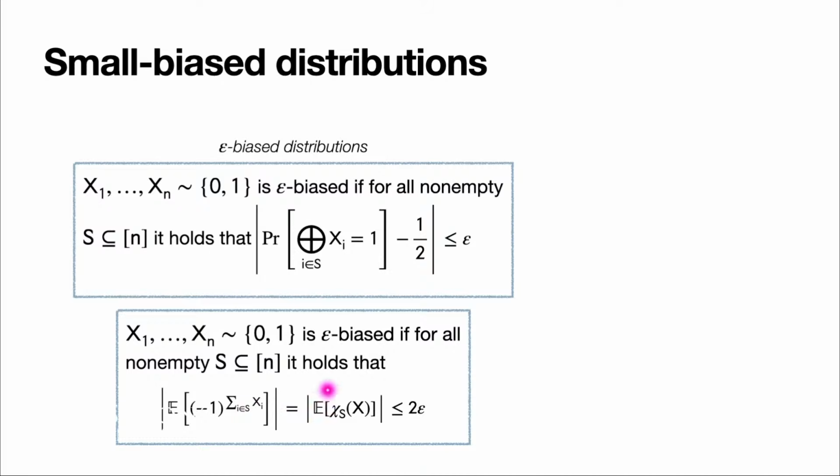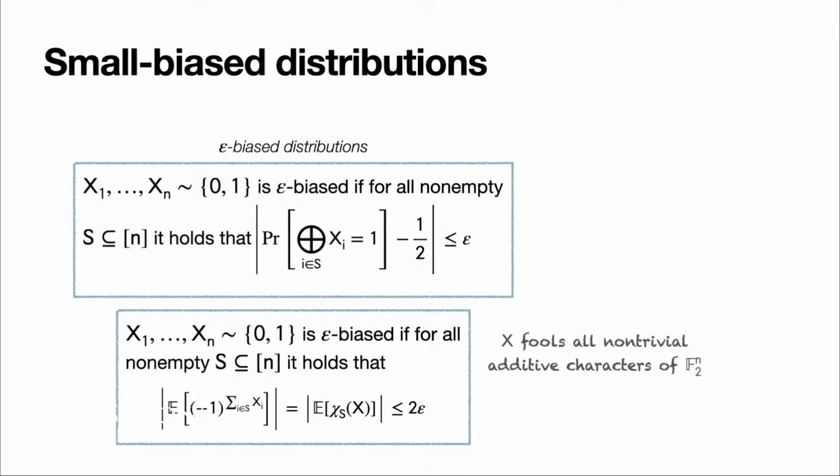You see, it's roughly the same, up to a factor of 2. Now, what is this function, (-1) to the sum of xi, i in S? This is what we call chi-S, the additive character of the group Z2 to the n. So, alternatively, we say that X fools all non-trivial additive characters of F2 to the n, or Z2 to the n.